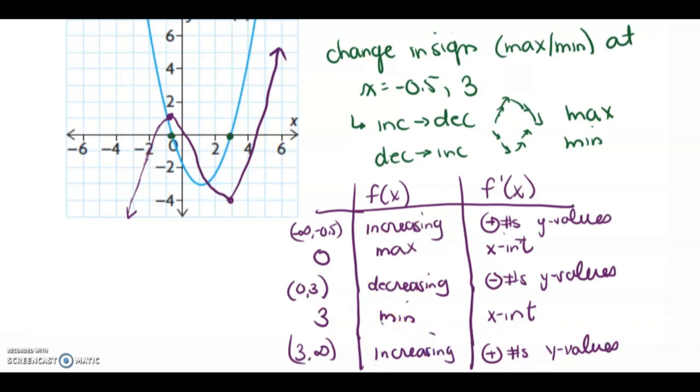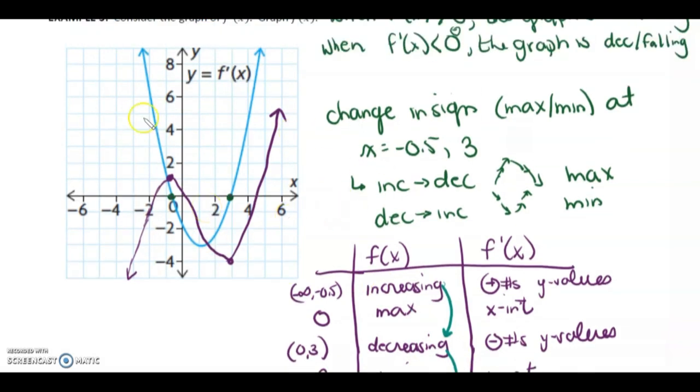And between an increasing going to a decreasing, there's going to be a max, and between a decreasing going to an increasing, there's going to be a min. So this purple graph right here represents approximately what's going on in our original graph f at x.